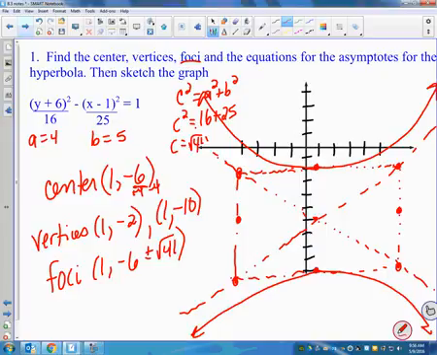So if I was going to do my asymptotes, right, back in the day before I learned this little trick with the rectangle, I would actually find my asymptotes and work it out in slope-intercept form so I could graph them. I don't need to do that anymore. I can just use the equation, which is y minus k, so y plus 6 equals, it's always going to be plus or minus, because there's two of them, and your slope is just either a over b or b over a.